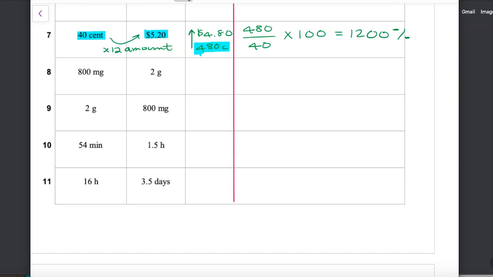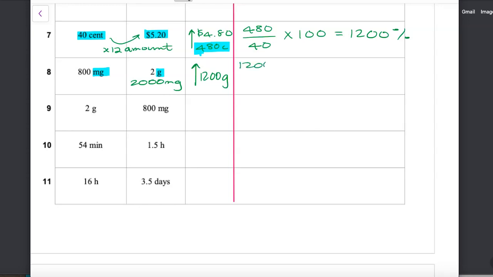In question 8, I started with 800 milligrams and I've ended up with just 2 grams. Now, we might think that we've got a decrease here, but in fact, when putting these into the same units, we will find that 2 grams is the same as 2,000 milligrams. And in fact, we have an increase of 1,200 milligrams.